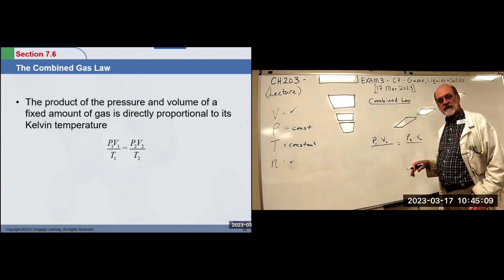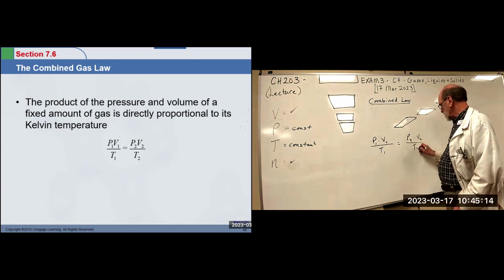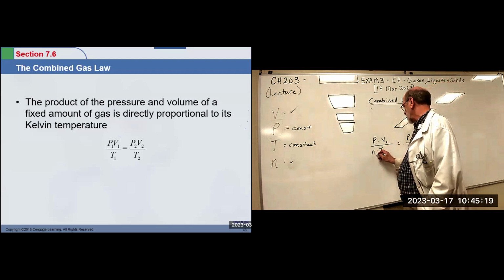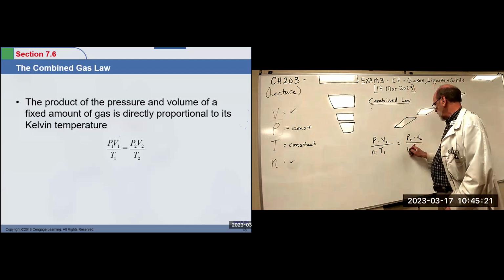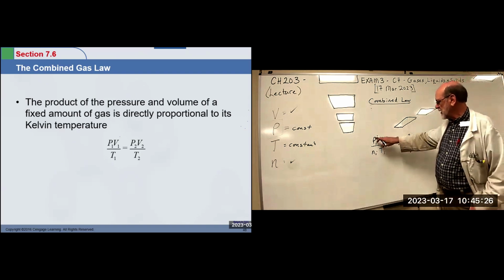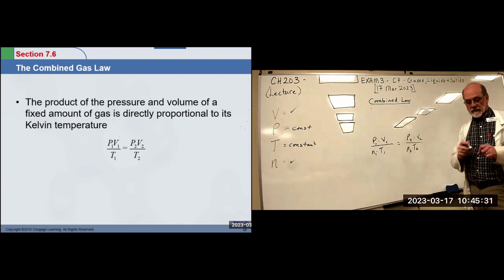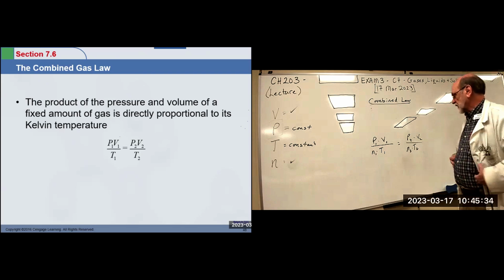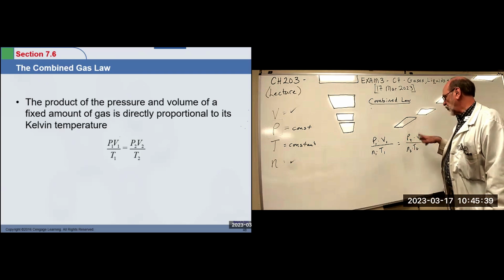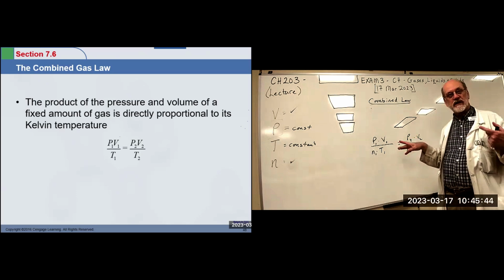What's the relationship of volume and temperature? Well, V1 over T1 equals V2 over T2. Okay? And V1 over N1 equals V2 over N2. So this is a combined gas law where we have P1 V1 over N1 T1 equals P2 V2 over N2 T2. That way, if we have a before and after situation where we're given some values and only one of them is missing, we can solve it.